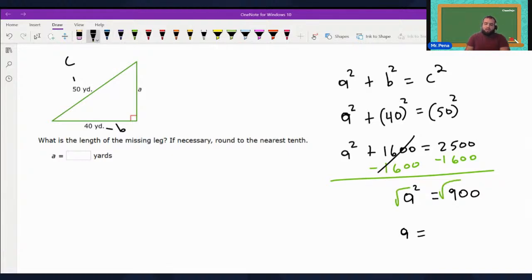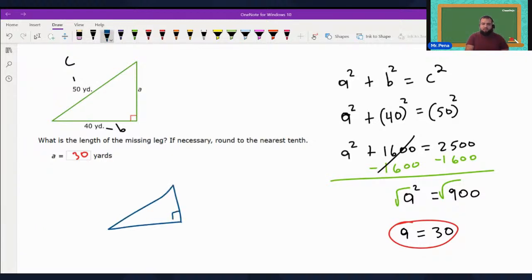We get A equals the square root of 900, which is 30. A is 30 yards. So here's the figure. Although you can see it in the picture, you don't really need my drawing, but let's just do it anyway. 50 yards, 40 yards, 30 yards. This is 30 yards.